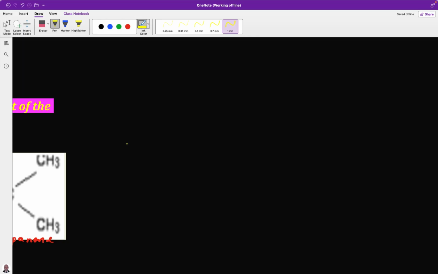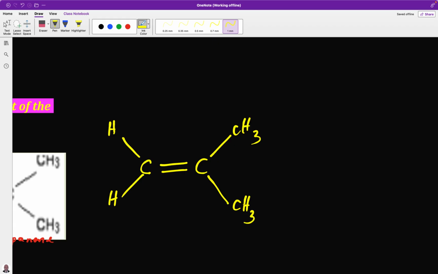We will have a carbon double bond, and a hydrogen. This is 2-methylpropene.